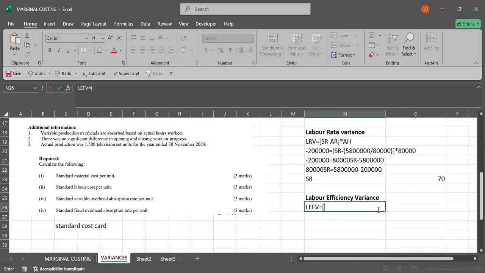Remember, the labor efficiency variance will be how effective. So we're talking about standard hours in actual production, standard hours in actual production less actual hours, then we multiply by the standard rate.